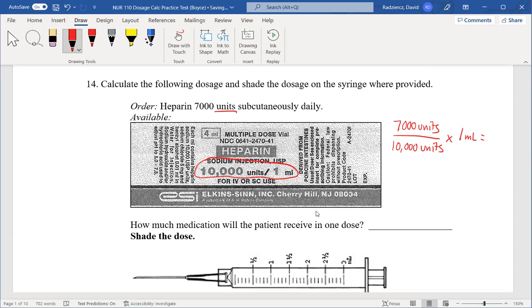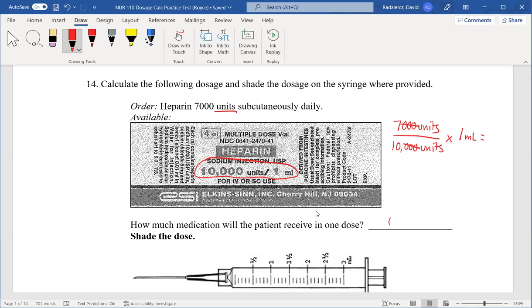But I look at the number of zeros in 7,000, 3, and the number of zeros in 10,000, 4, and I eliminate the least number of zeros. So I can only eliminate a max of 3. I take away 3 here, 3 here, 7 over 10. I'm not going to make a mistake plugging that into my calculator, or at least I'm less likely to.